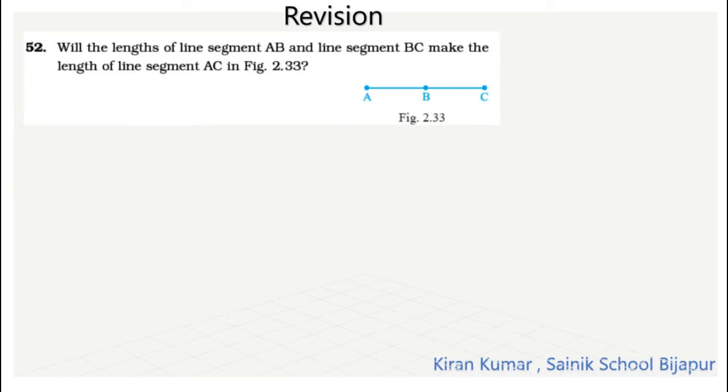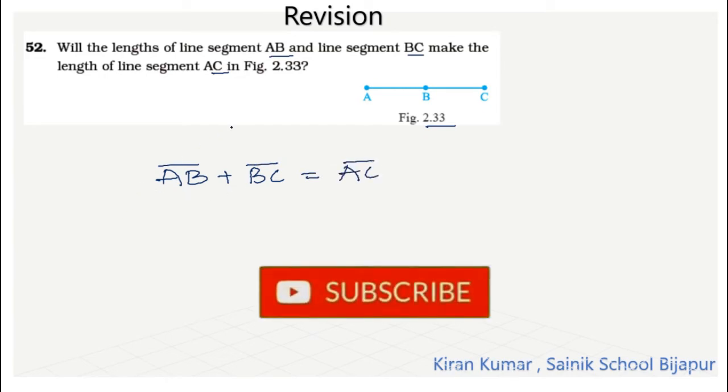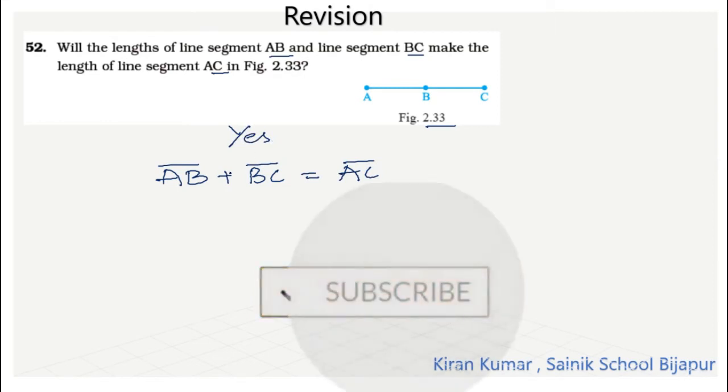Question number 52. Will the lengths of line segment AB and the line segment BC make the line segment AC in the figure 2.33? Look at the line segment AB added to the line segment BC. Their sum is the length of AC. So the answer is yes.